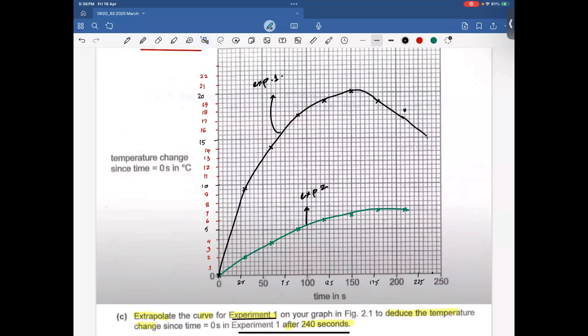Okay, so we extrapolate it until 240 seconds. Let me check. Just 30, 35, 40. Okay, till this point. Now it's fine.